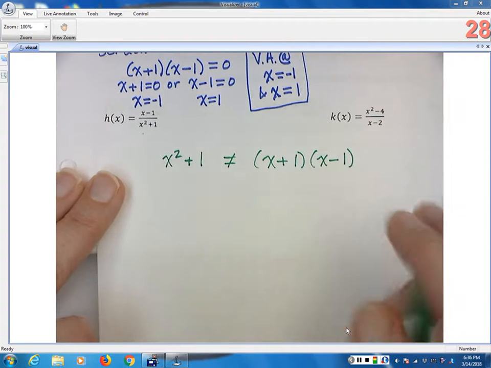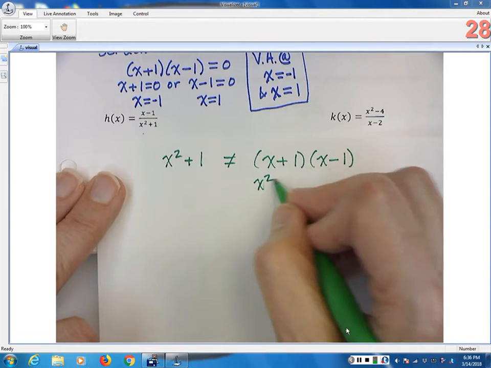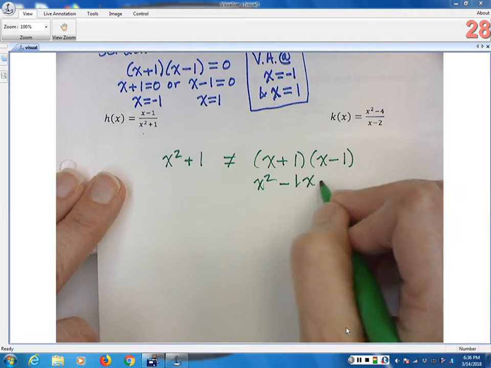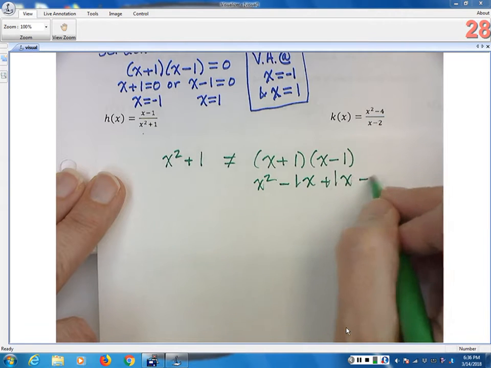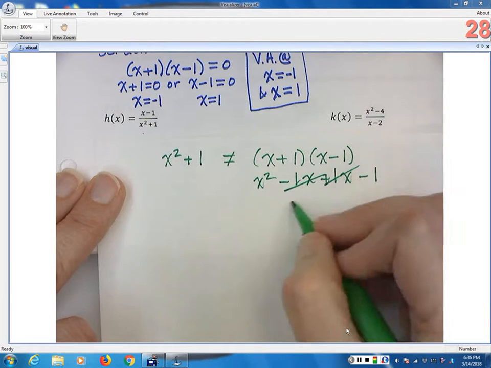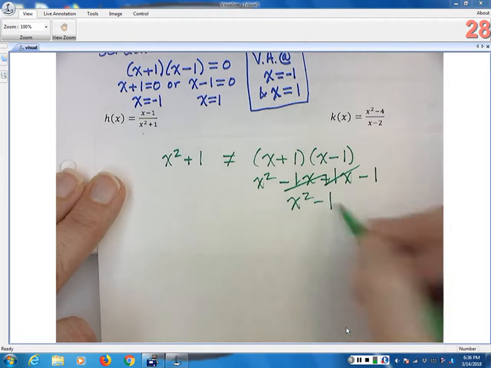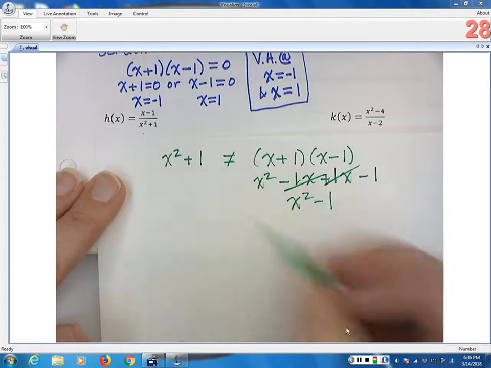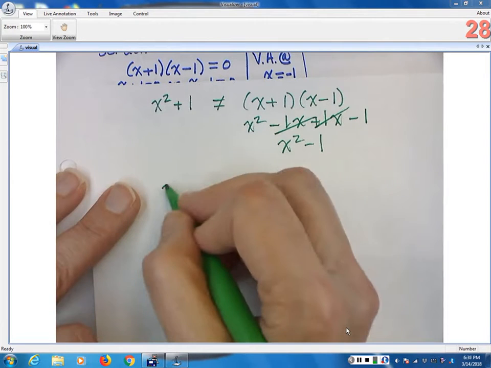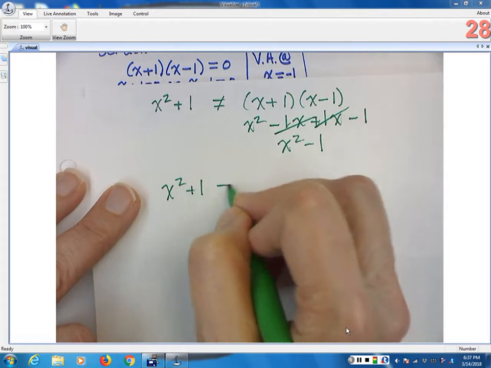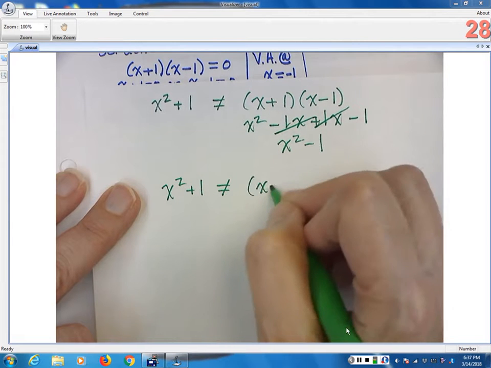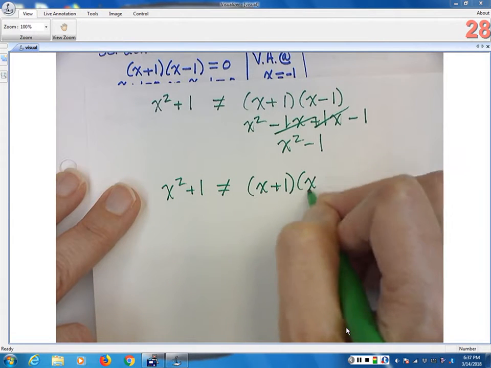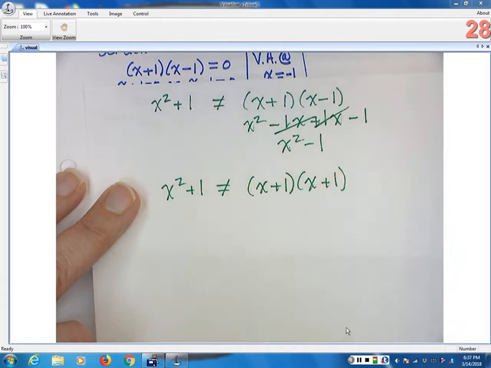Because if you FOIL that out, you get x squared minus 1x plus 1x minus 1. You get x squared minus 1. And x squared plus 1 is not x plus 1 times x plus 1 because you've forgotten the middle term.